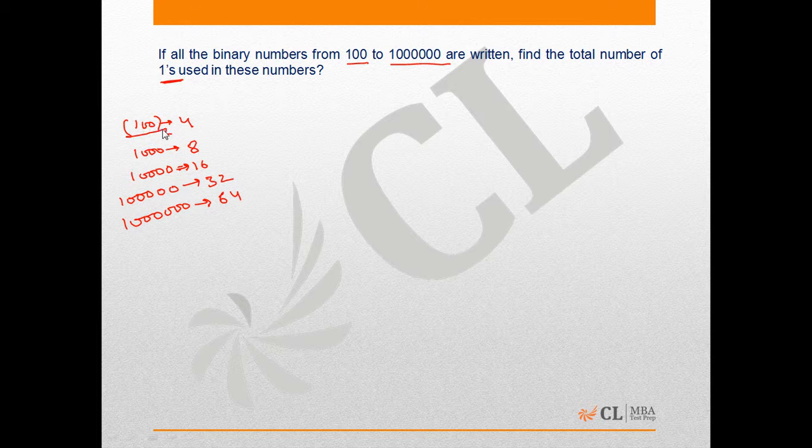So from 100 to this, in base 10, these are the numbers 4 to 64. There are a total of 61 numbers given.